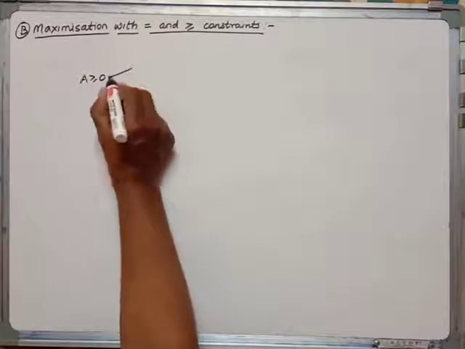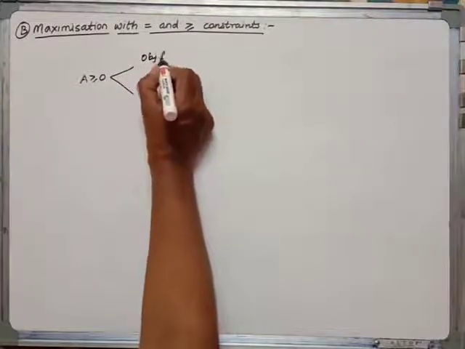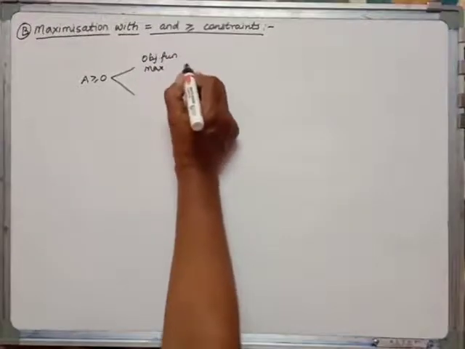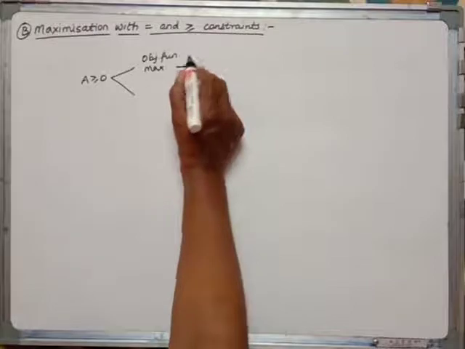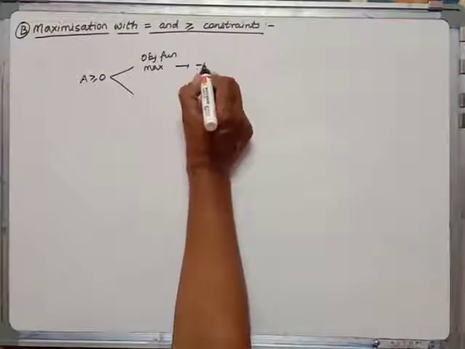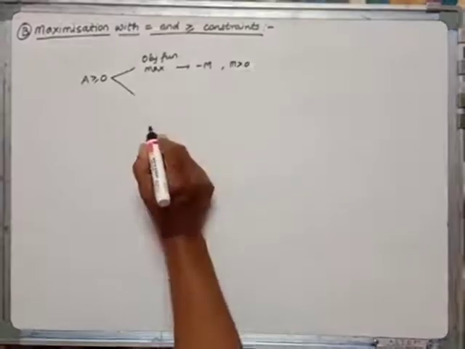And for that artificial variable, if my objective function is of maximization type, then the coefficient of this artificial variable in the objective function is minus M, where this M is sufficiently large.